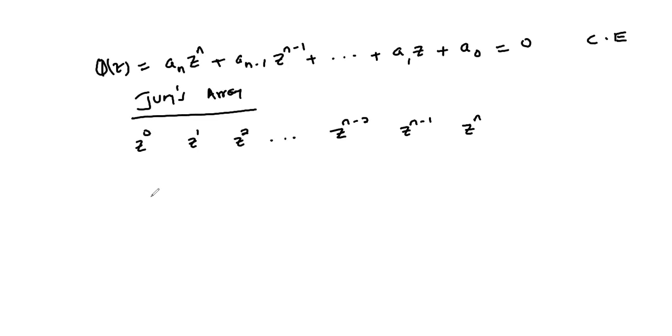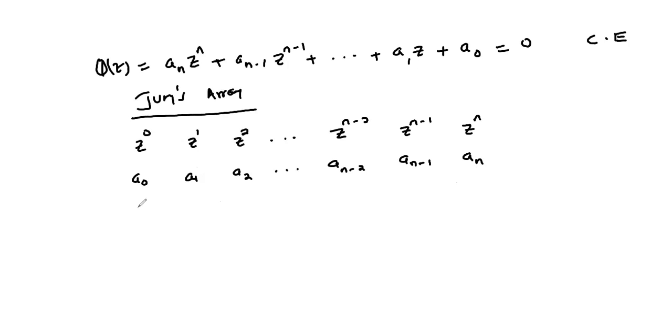Then the terms of the first two rows of the Jury's array are obtained using the coefficients of its characteristic equation as a_0, a_1, a_2, all the way to a_(n-2), a_(n-1), a_n.